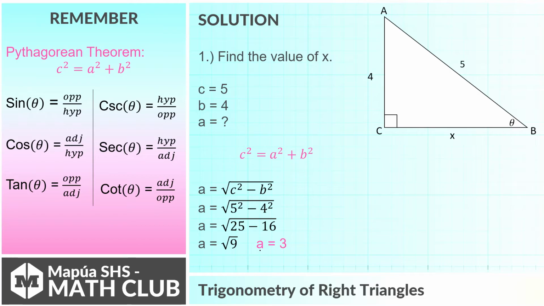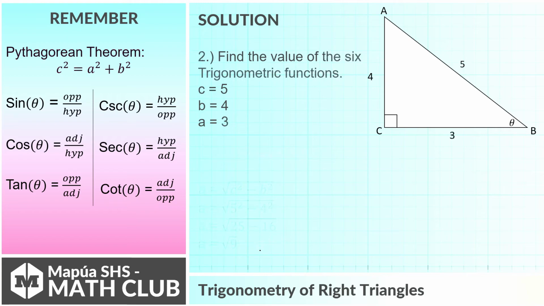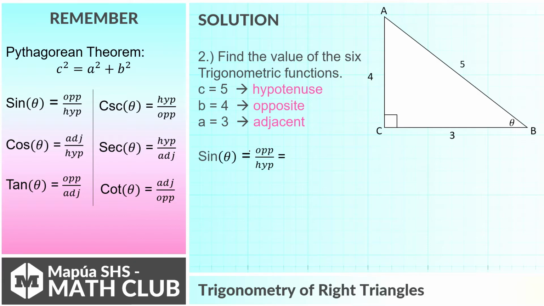Moving on, let us now find the value of the 6 trigonometric functions. Remember that side C is our hypotenuse, B is the opposite, and A is the adjacent. First, let us solve for SO, or sine equals opposite over hypotenuse. Since 4 is the value of the opposite side, and 5 is the hypotenuse, therefore, sine equals 4 over 5.